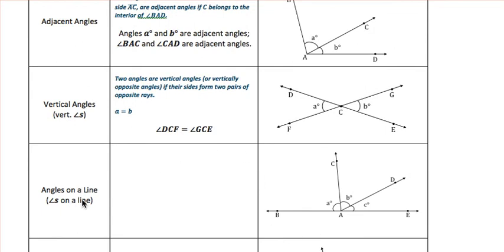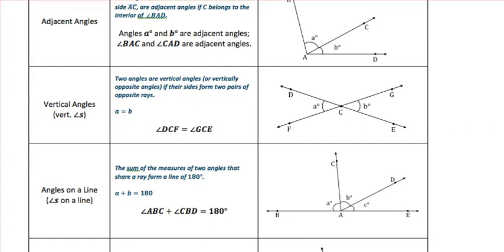Angles on a line. And please note that this is a straight line. The sum of the measures of two angles that share a ray that are forming a line is 180 degrees. Well, that's rather confusing.